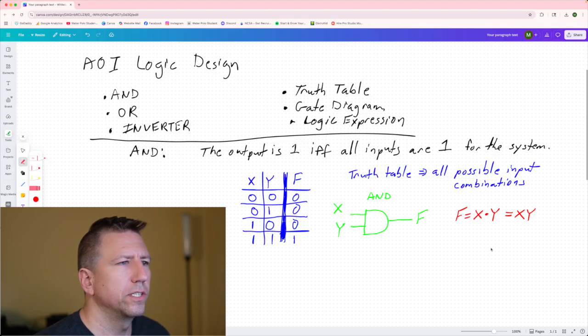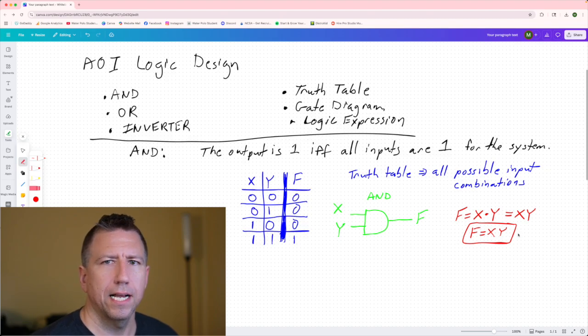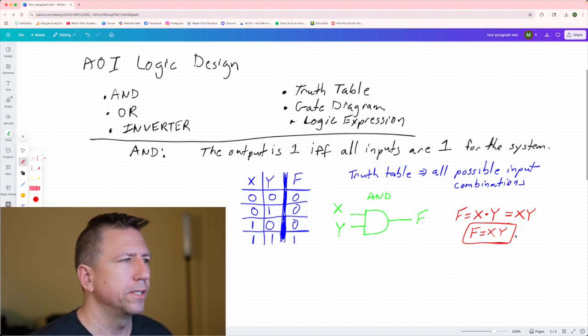So that's usually the form that I would see as F is equal to XY. So in here, this is read as the output F is equal to X and Y. It's not X times Y because we don't have times here in Boolean algebra. We have logic operations like and, or, and inverter.